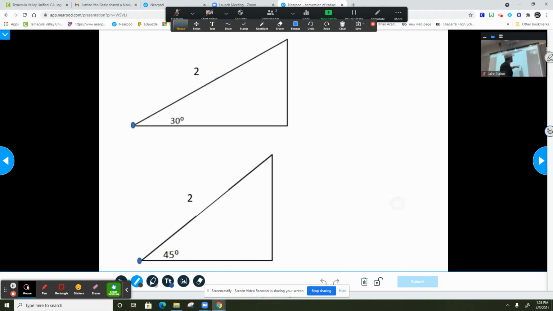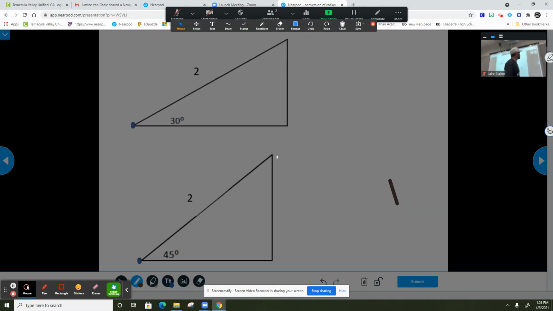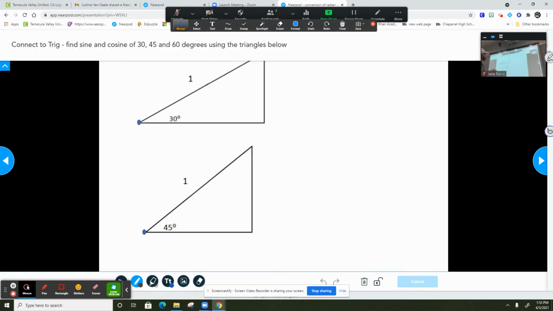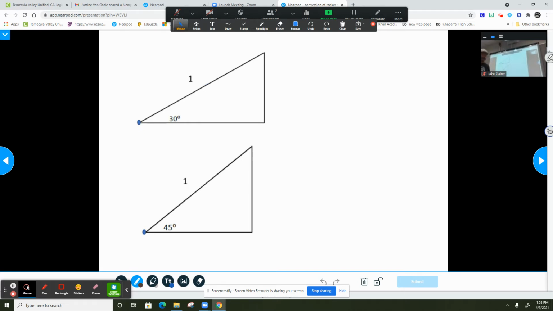So now I'm actually going to do it with the triangles that have a hypotenuse of 1. All right, and so when I fill this out, I get half of 1 is 1/2, and then over here, it's rad 3 over 2. All right, and so when I do cosine of 30 degrees, since the hypotenuse is 1, it's always just the number over 1, which I don't need to write.